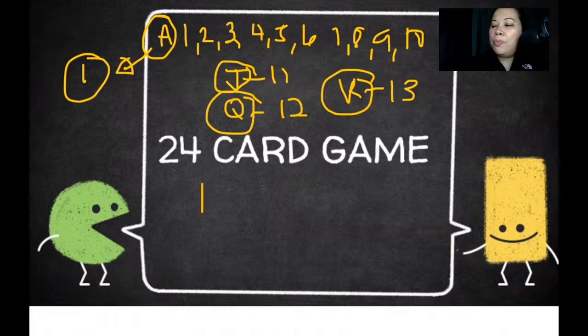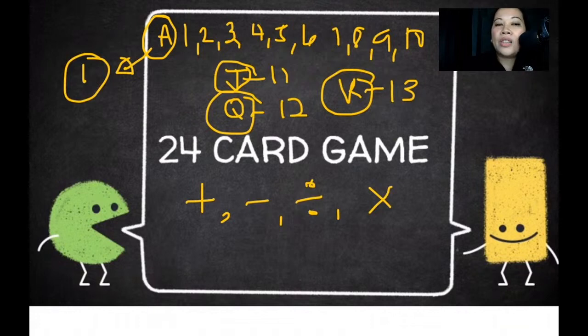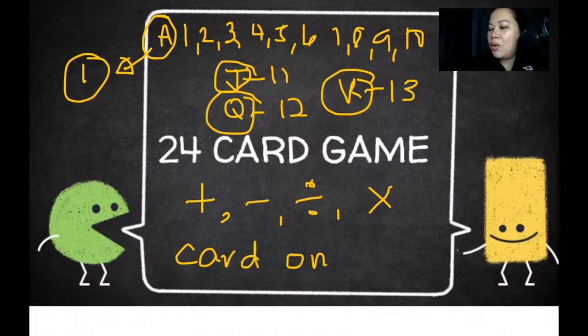You can do plus, minus, divide, or multiply, and then the final answer should be 24. Another rule for the game is you can only use each card once.